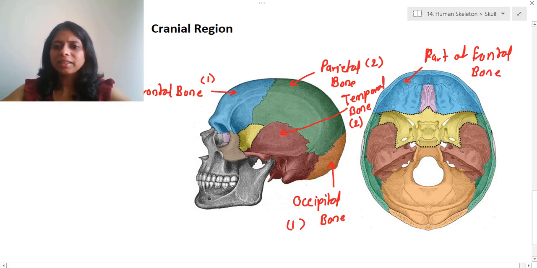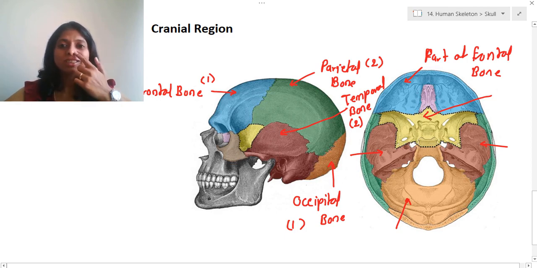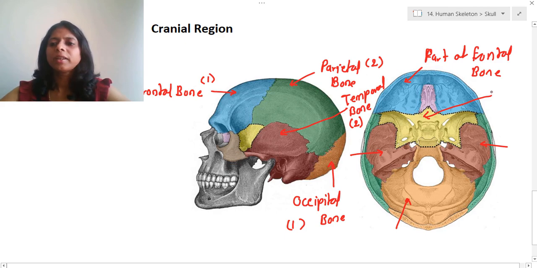Then this is the part of the temporal bone on both sides. This is a part of the occipital bone, and here if you see in pale off-white or pale yellow color, we can see another bone at the floor of the skull, and this comes just behind and above our nose.